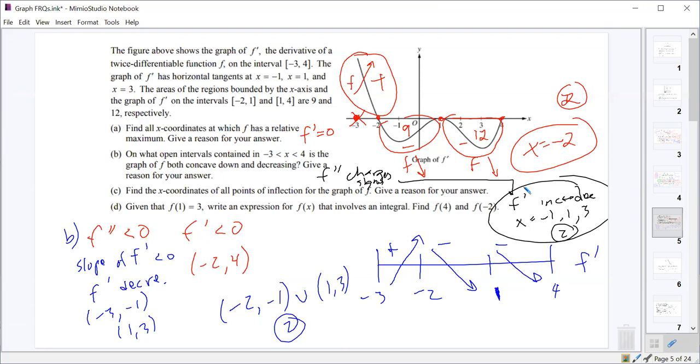All right. Yeah, you could have used a sign chart to show that, sure. You could have just said f double prime is negative from -3 to -1, positive from -1 to 1, and then negative from 1 to 3, and then positive from 3 to 4, and shown that. Yep, that would work too.